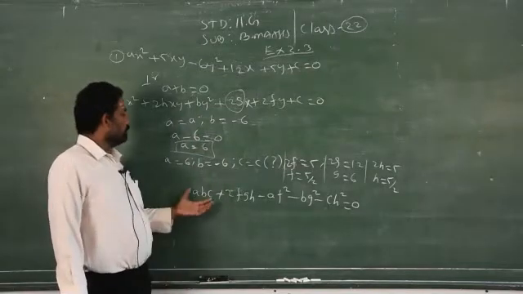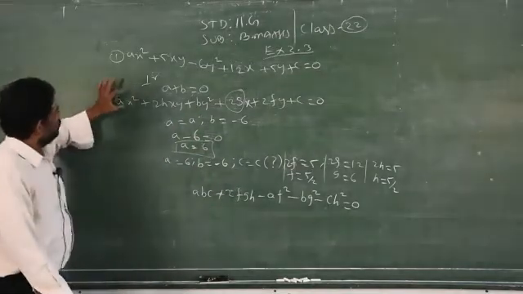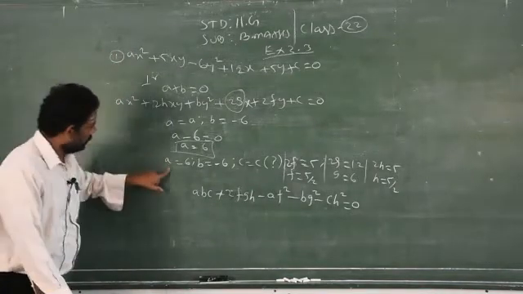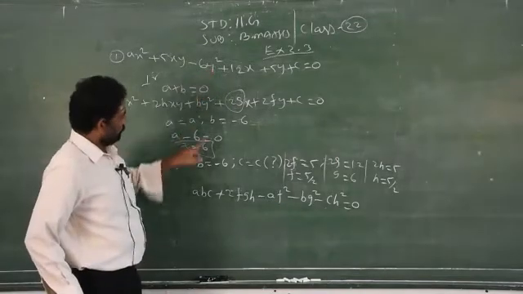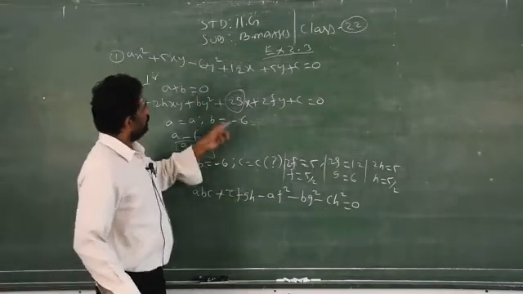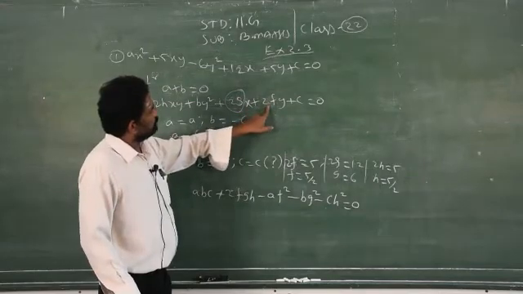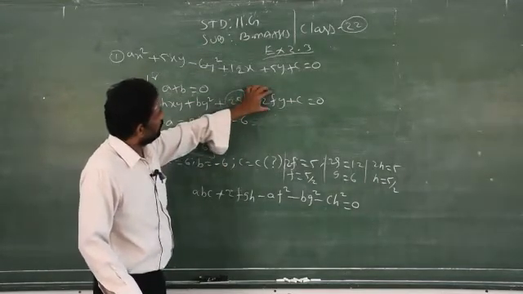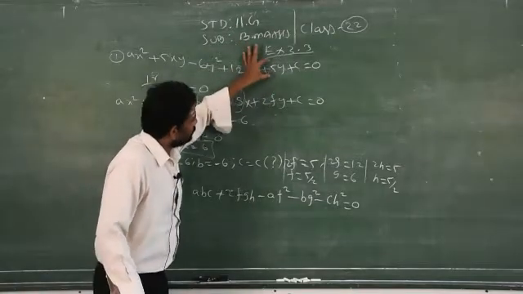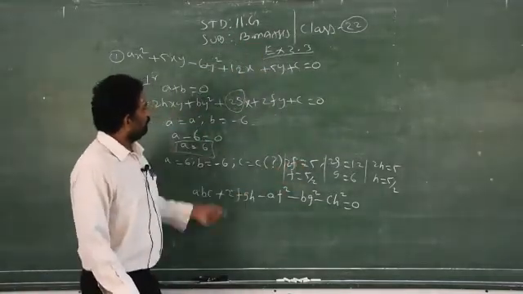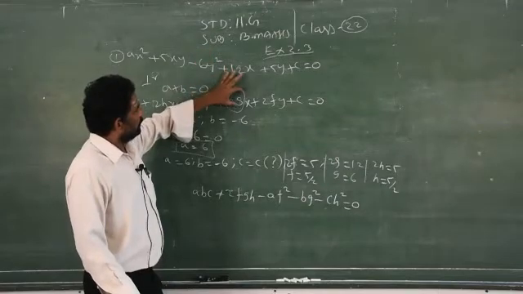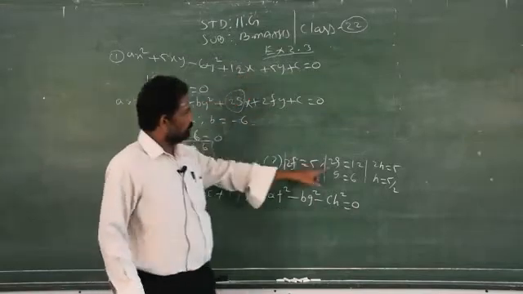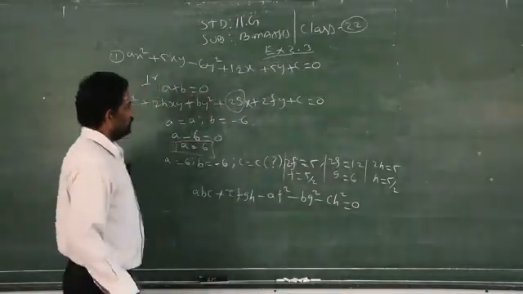Are you clear? So how do you find out? Compare the given equation with the general equation. Coefficient of x square refers to a, coefficient of y square refers to b, but coefficient of y is 2f, coefficient of x is 2g. So 2f is equal to the coefficient of y, what is given in the question? 5. Then coefficient of x is 2g, what is the coefficient of x in the equation? 12, so 2g is equal to 12, so g equal to 6.